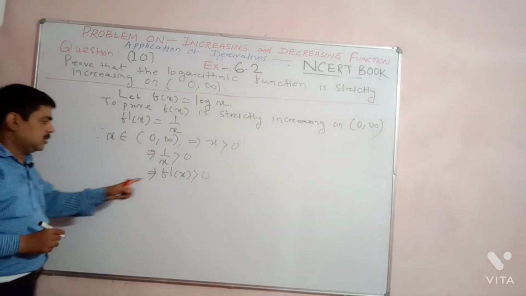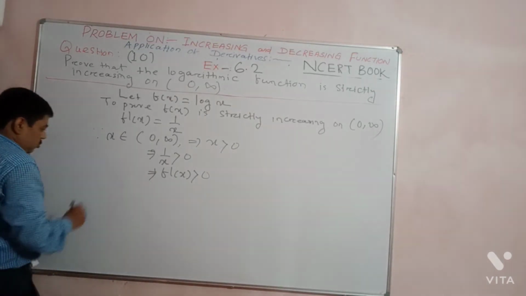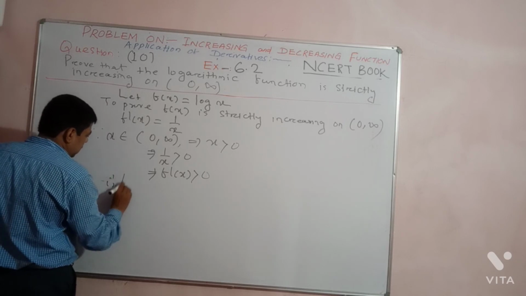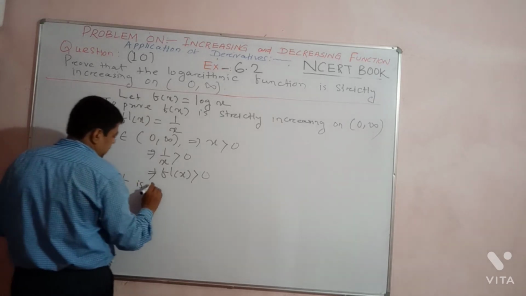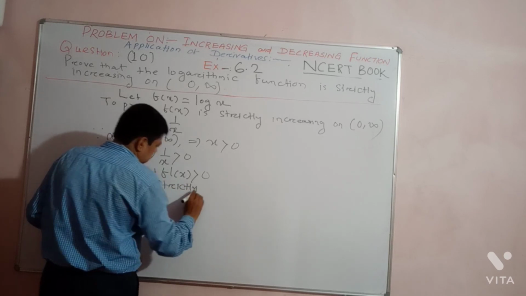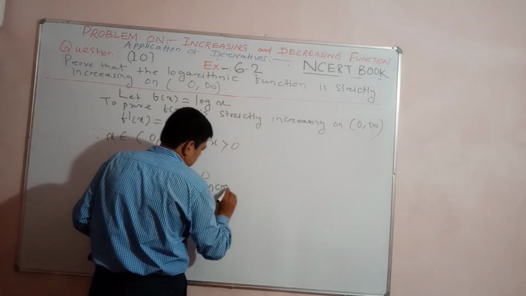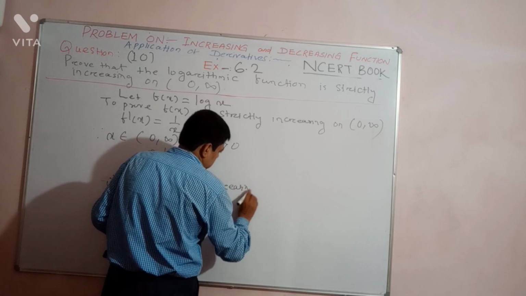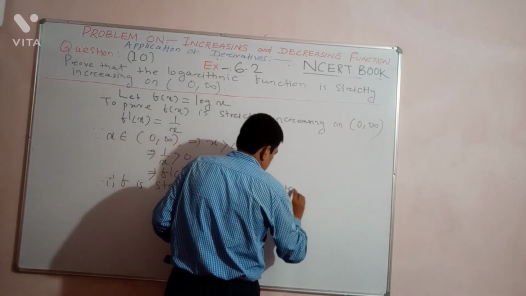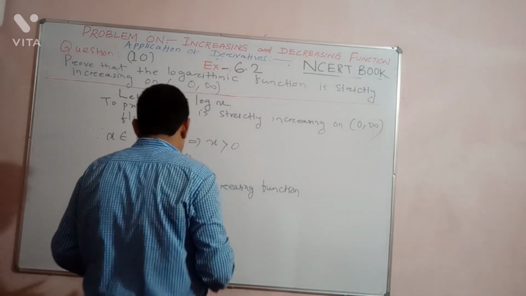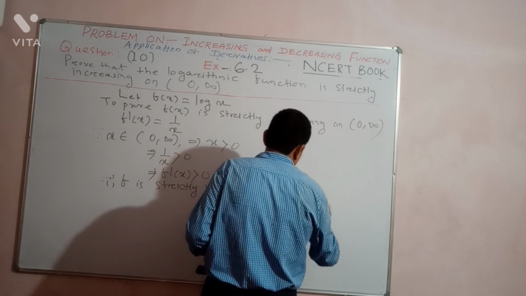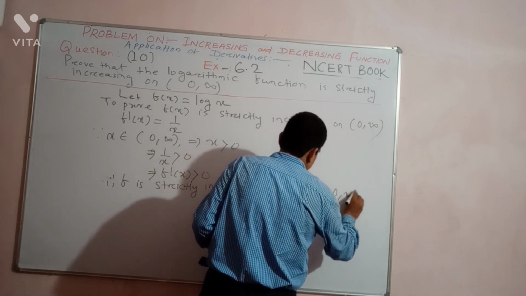Since the slope of the function is greater than 0, hence we can prove that f is a strictly increasing function on the interval 0 to infinity. Is it clear?